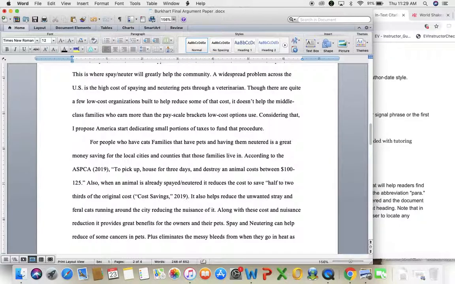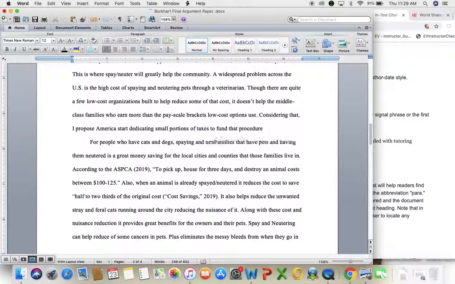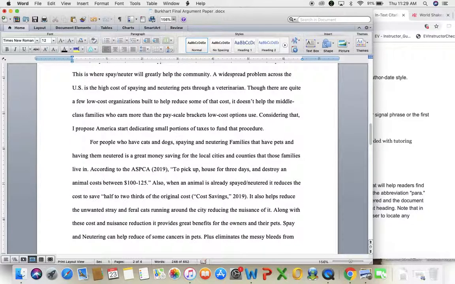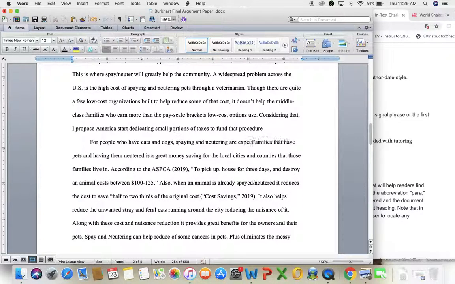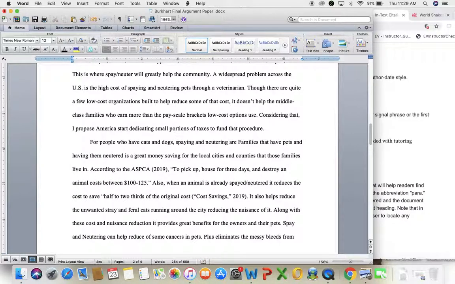For people who have cats and dogs, spaying and neutering are... I want to say expected, but that's maybe not the right word for this paper.